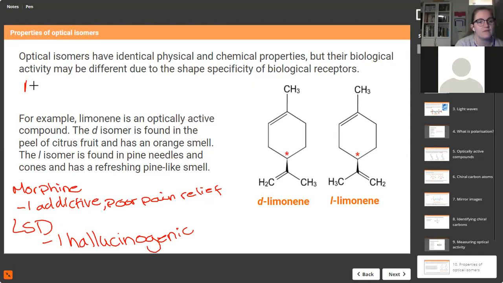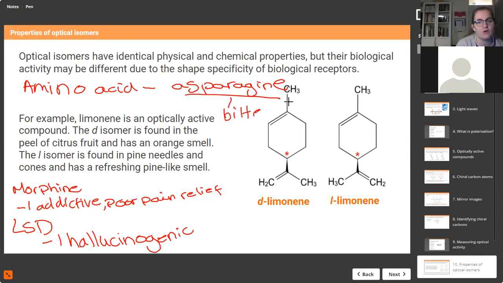Another example is amino acids, specifically the amino acid asparagine. This one is very similar to limonene. One of the optical isomers has a bitter taste. The other has a sweet taste. This is how they vary quite a lot.